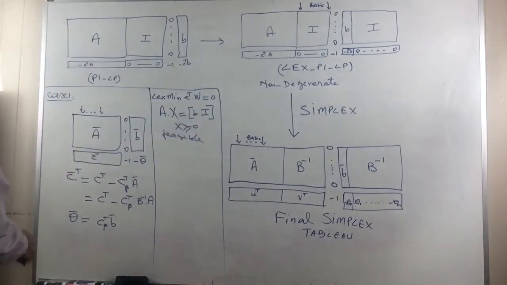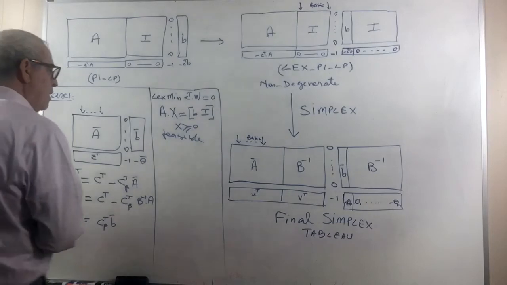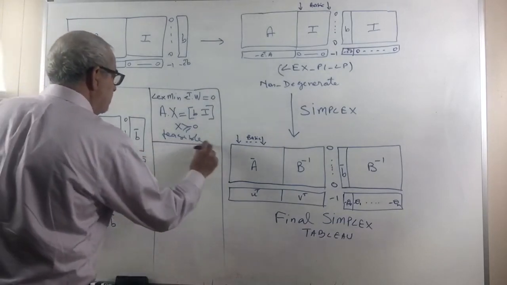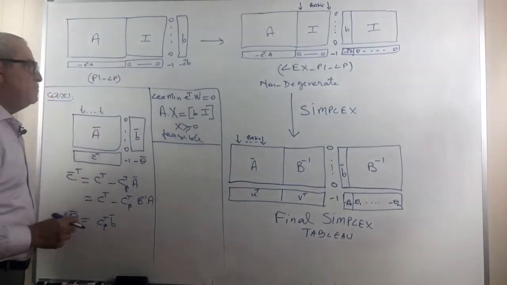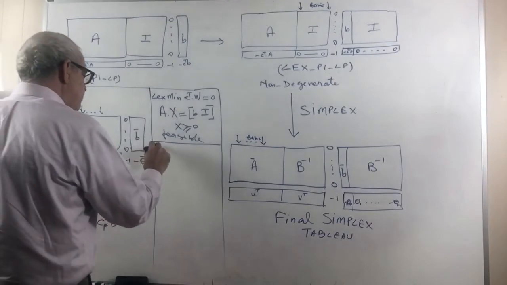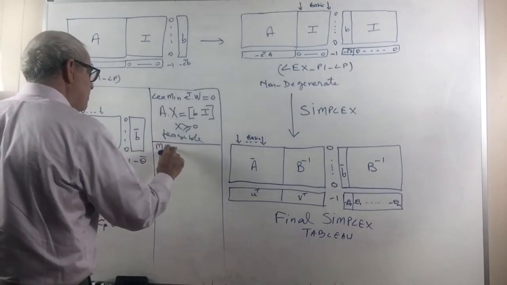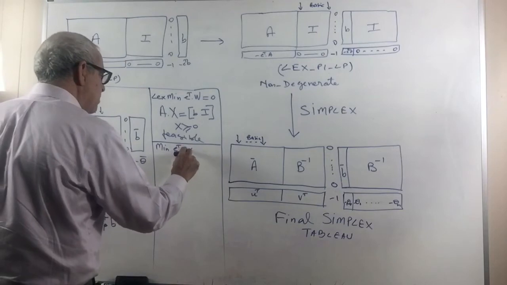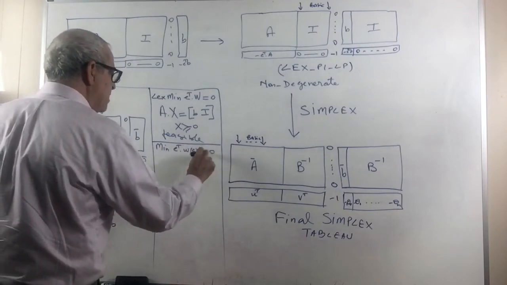So that's that. Then, also for the epsilon LP, the minimum of E transpose W epsilon is equal to 0.